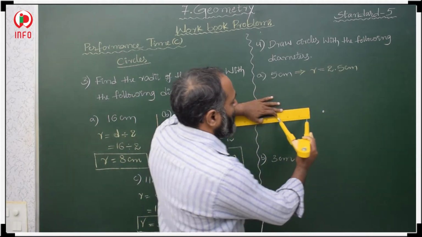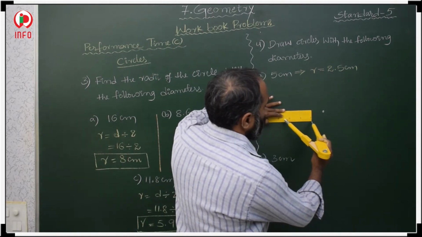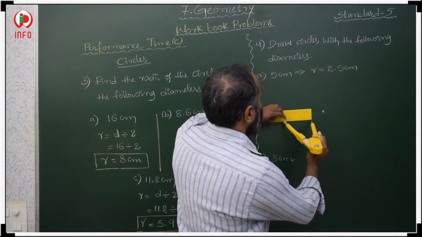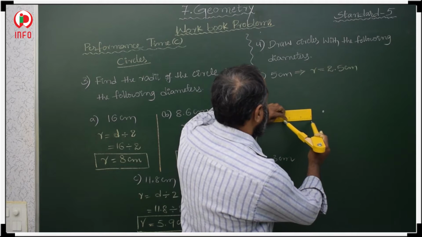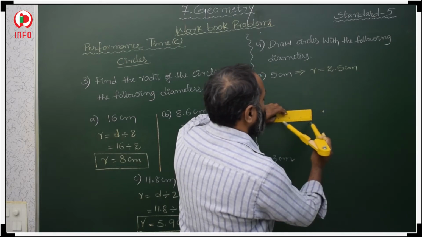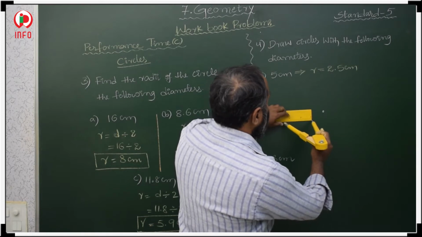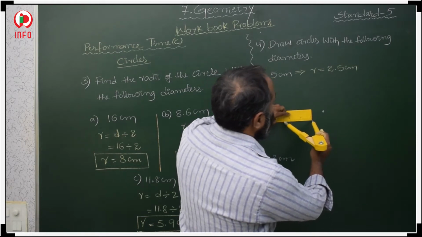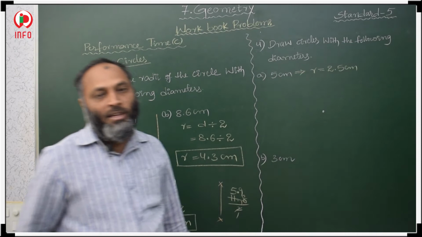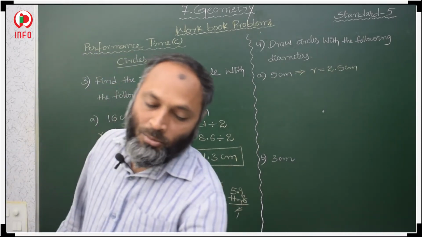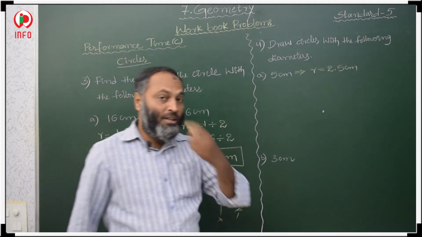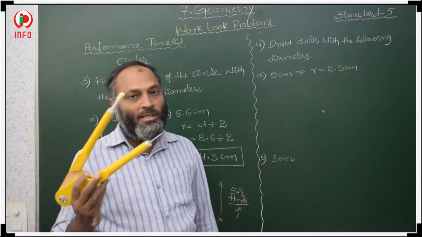First we have to keep the sharp end at 0 of your scale, and the other you have to keep at 2.5, after 2 to 5 lines here. So like this you have to take. Exact 2.5 you have to keep on your scale. So measure with the scale.